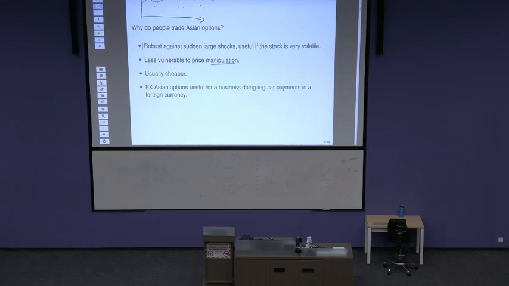I don't know if you've heard about the LIBOR scandal, with interest rates, right? Different banks communicated the interest rates and just manipulated the prices in favor of what they wanted. Something like this is super difficult if you have to manipulate a lot of prices instead of just one price, right? So this is more robust against price manipulation, and on top of that, it's less volatile, right?